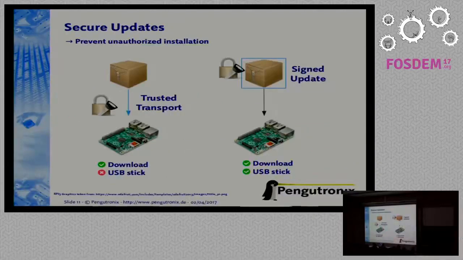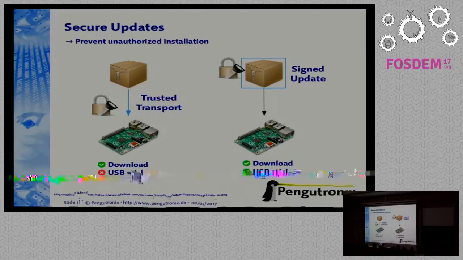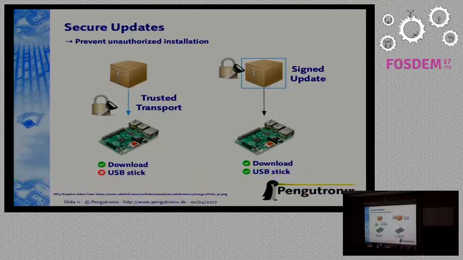And you also want security. You don't want someone unauthorized to be able to update your system. There are two basic ways to achieve this. The first is you use a trusted transport, like in web pages, for example, SSL, HTTPS. Then it does not matter really if you trust the update itself. You know it comes from a trusted source.